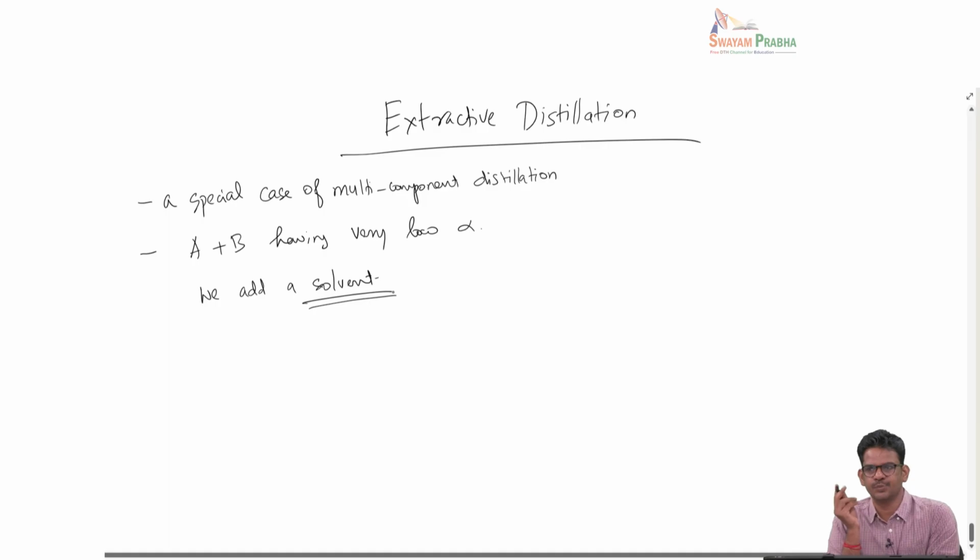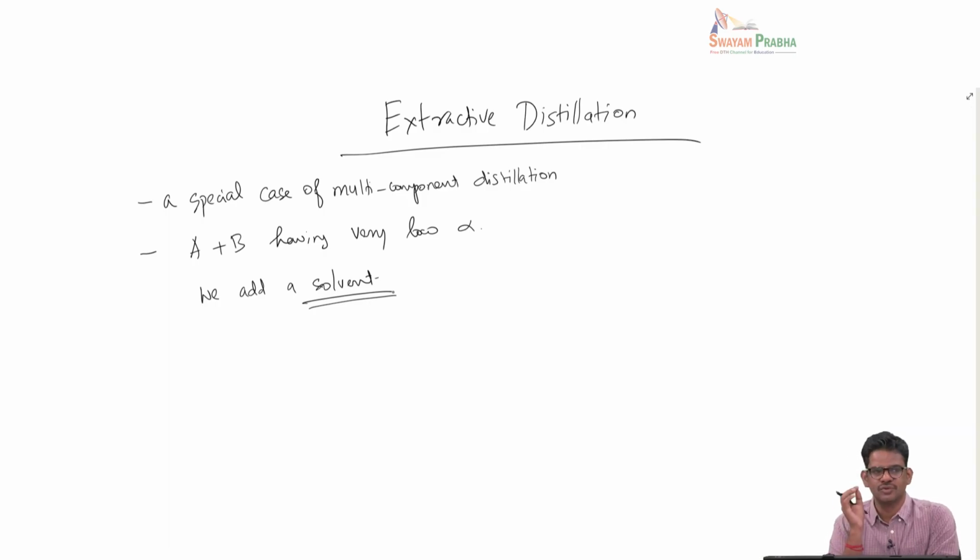In azeotropic distillation, we add a third component and call it an entrainer, so that the entrainer forms an azeotrope with one of the components. In extractive distillation, on the other hand, we add a third component and call it a solvent, and the role of the solvent is to enhance the relative volatility of A to B.